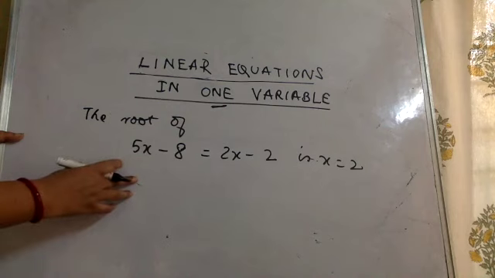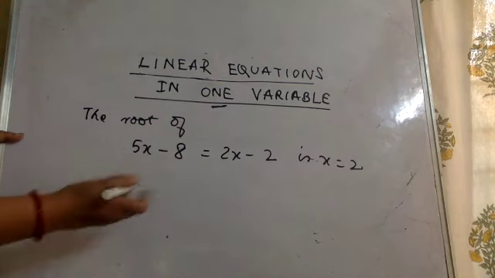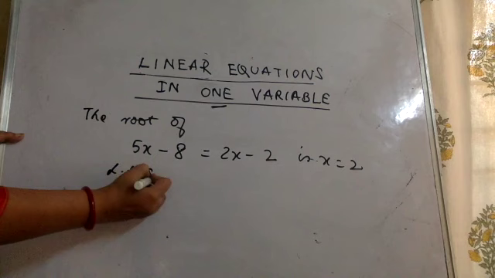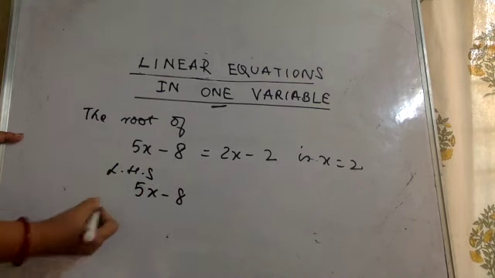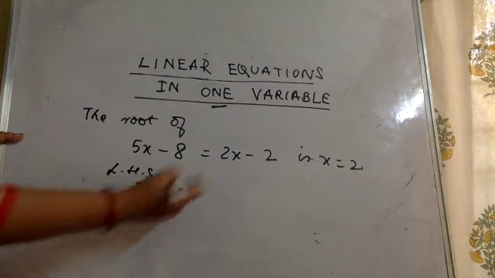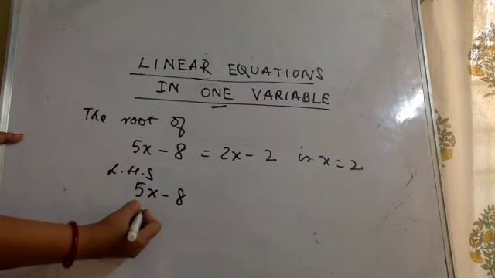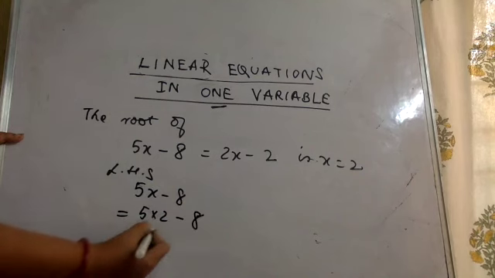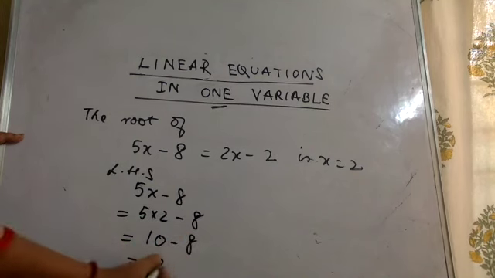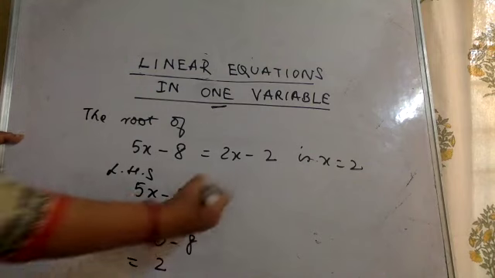We shall be solving it again, but then left hand side 5x minus 8. Okay, that is, we'll substitute the 2 here. 5 into 2 minus 8, that is 10 minus 8, that's a 2. This is the left hand side.